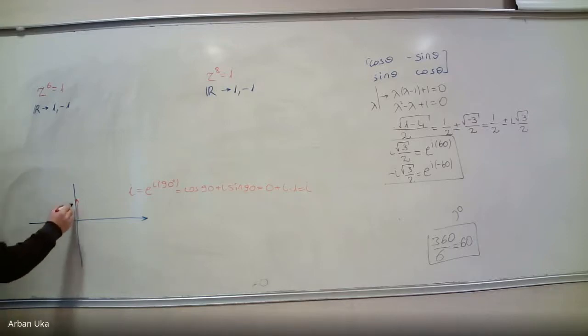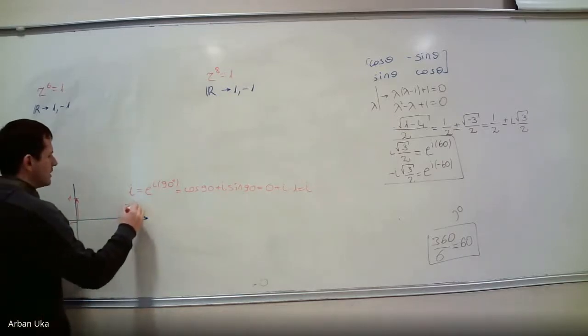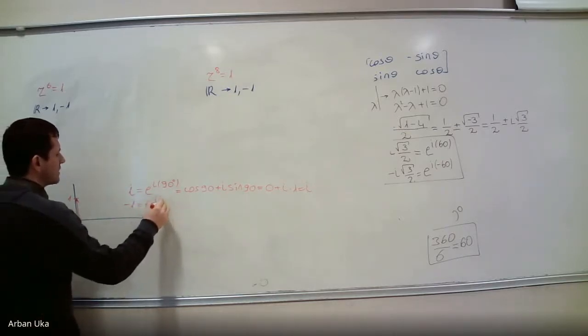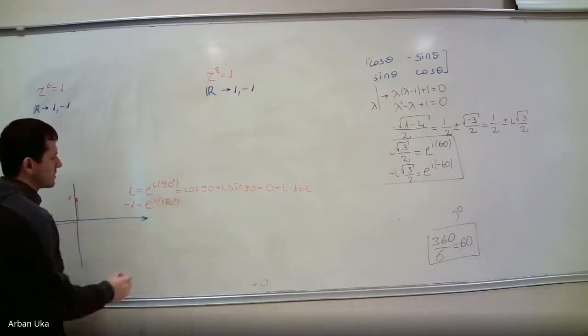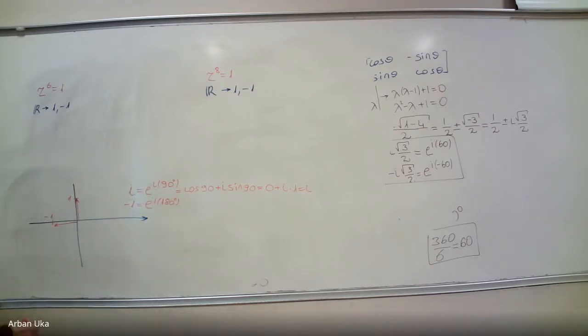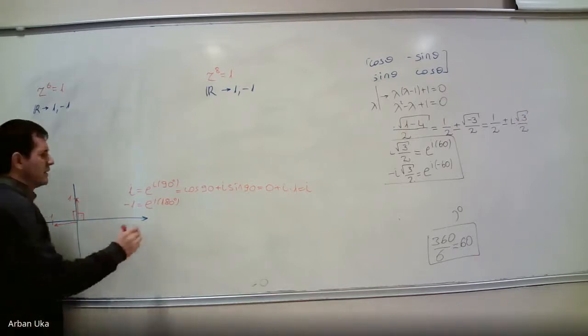Now this is i, because this is 1, and this is minus 1, and minus 1 is equal to e to the power i times 180 degrees. Why is it so? Because to go to i, we rotate by an angle of 90. To go to minus 1, we rotate another 90, so we get 180.